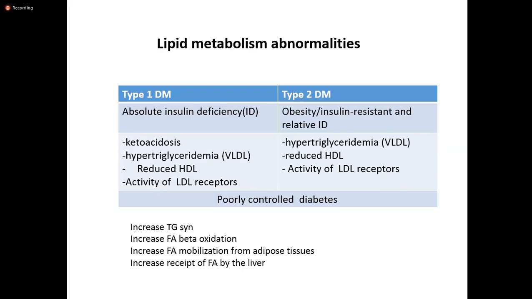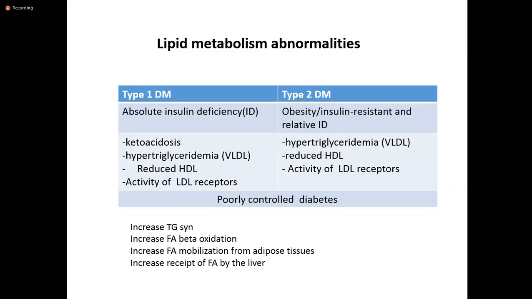And other than that, these patients, we know that they can go into ketoacidosis, right? But type 2 patients, they can have all the lipid abnormalities that type 1 patients are having, but not ketoacidosis, because type 2 patients have some spared insulin to prevent the ketogenesis.